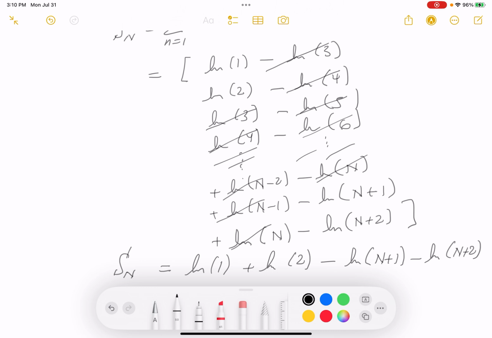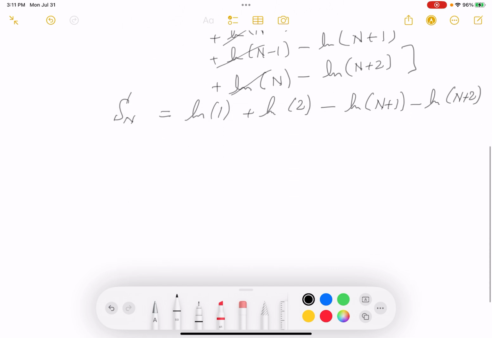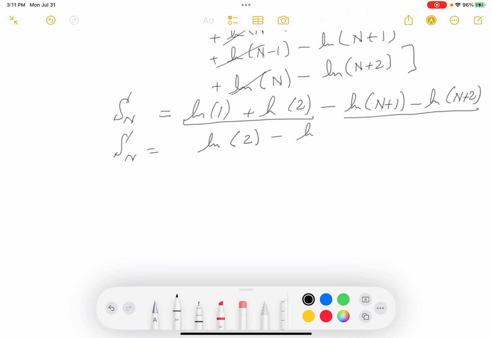All right? So I'm looking at that. At least I got an nth partial sum. You give me any n, I'll get the sum to it. But what I need to do now is pull it all together. All right, so I'm going to put S_N down. I'm going to pull these two terms together. This is going to be the natural log of 2. I'm going to pull these two terms together, and that's going to be minus the natural log of n plus 1 times n plus 2.